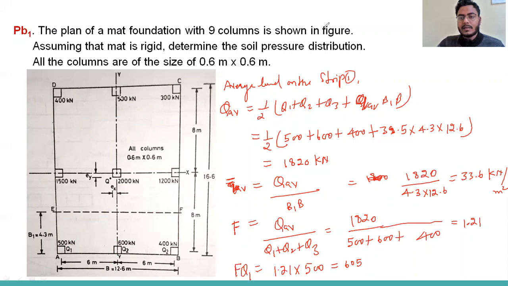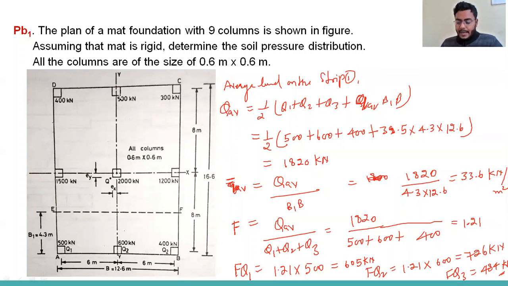Similarly, FQ2 is 1.21 into 600, which gives 726, and FQ3 is 484 kilonewton. Now we have FQ1, FQ2, FQ3, and the modified soil average, so we can draw the shear force diagram and bending moment diagram.